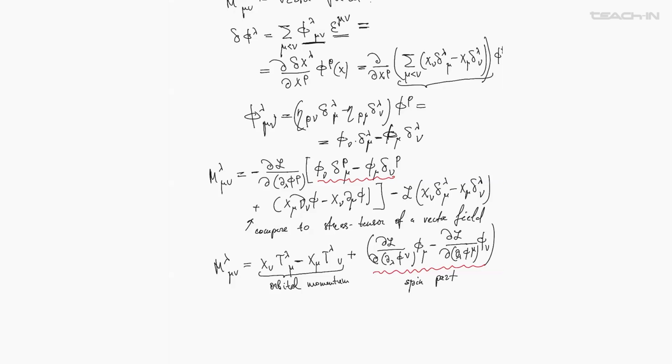And what is interesting, if you now look at our discussion of the conservation law, so we know that the divergence of this tensor T lambda mu nu is given by T nu mu minus T mu nu. That comes from differentiation of the orbital part, but then there will also be a contribution from the spin part.